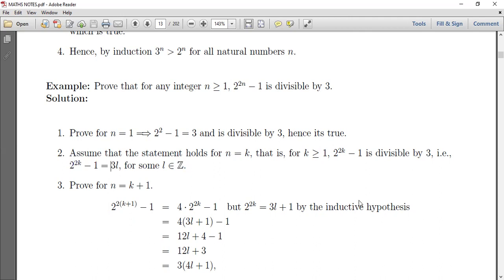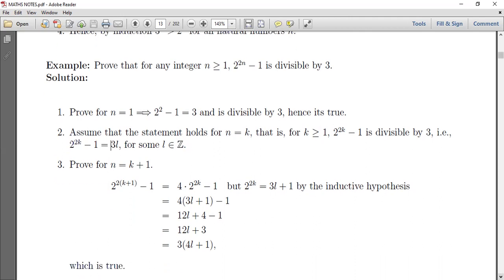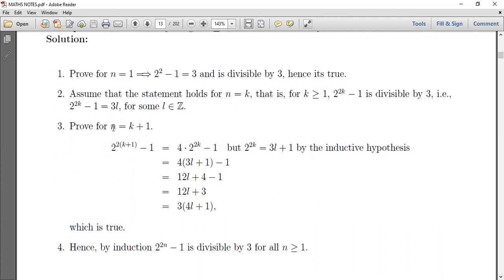Okay. Then the next thing now is to prove it for n equal to k plus 1, which means we want to prove that 2^(2(k+1) - 1) is divisible by 3. Which means we want to show that there is an integer that we multiply 3 with to get this.